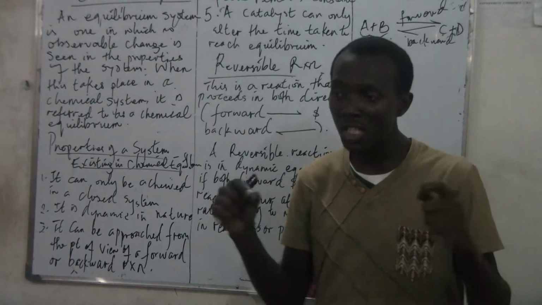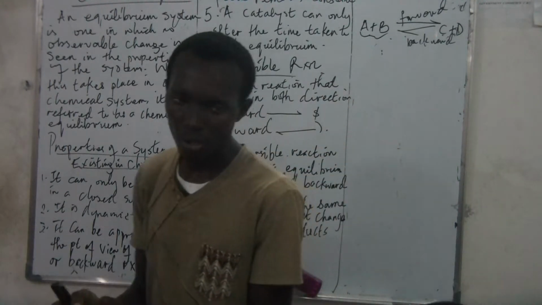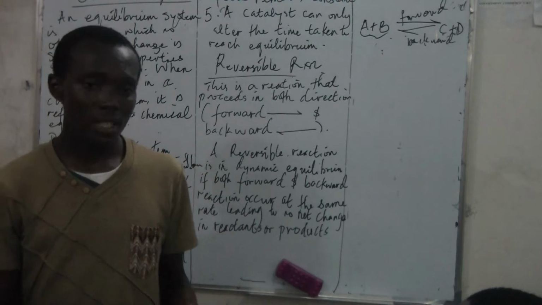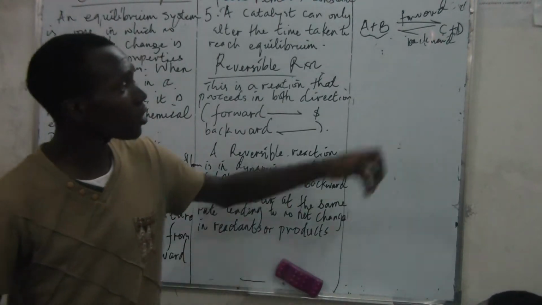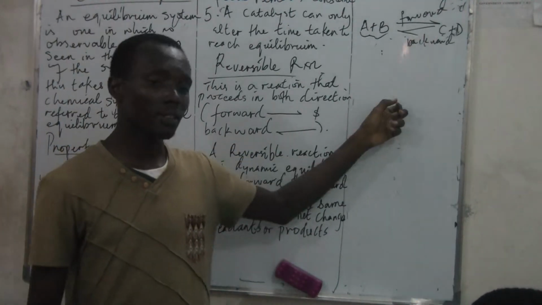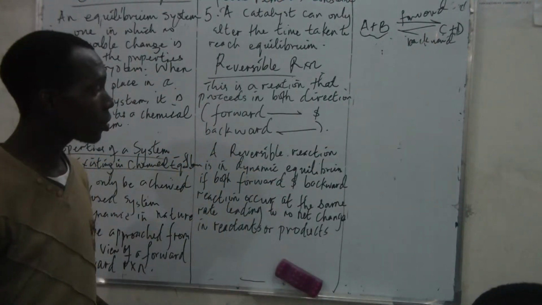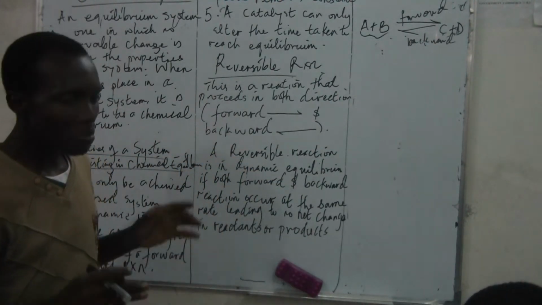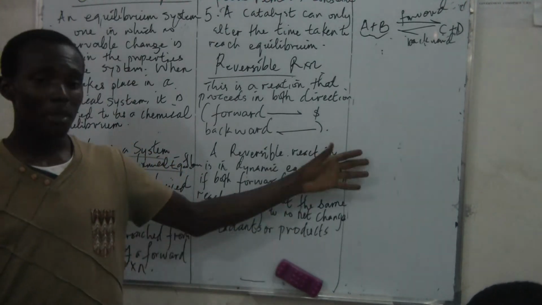They take place within the chemical system, but there are no observable changes. Although changes occur, those changes are not noticeable because as the products are formed, the products are used up to produce the reactants, and the reactants are used to produce the products. So you observe that the concentration of the reactant and the product remain the same in a chemical system that is in dynamic equilibrium.